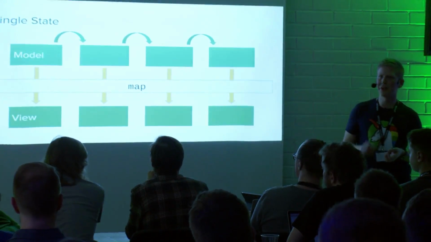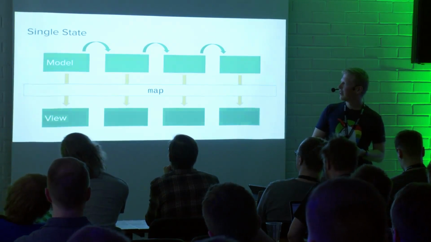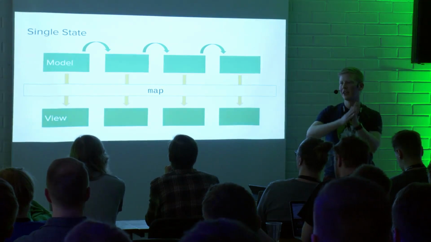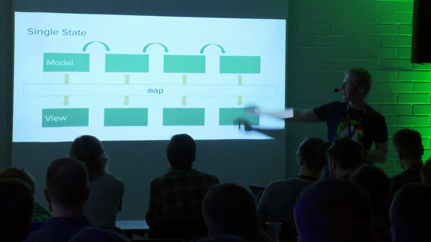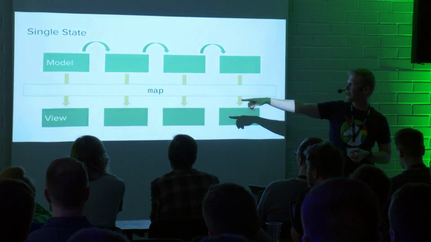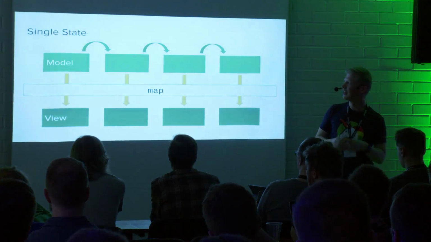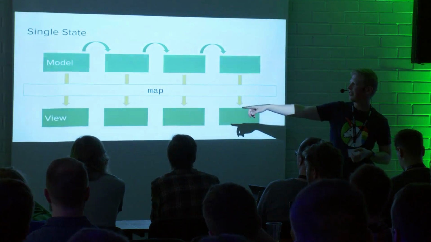So this is basically what happens. You have a model, and then you have something happening, and you get another model. You can actually just draw it like this. Each of the models, or the current states, can be mapped directly to a view.